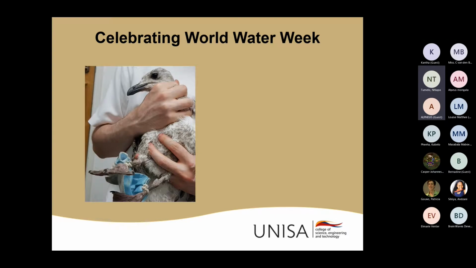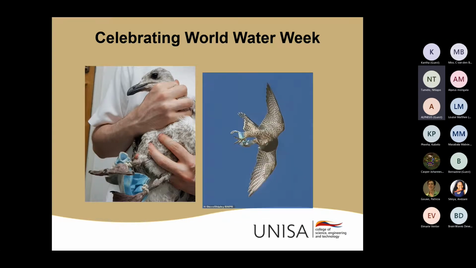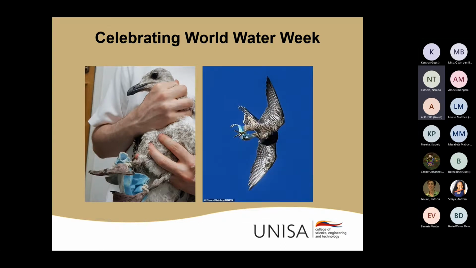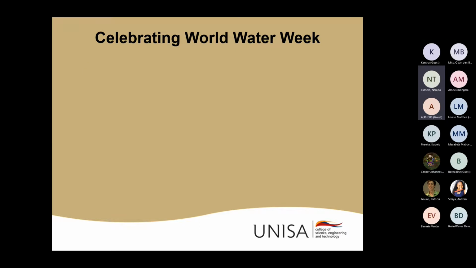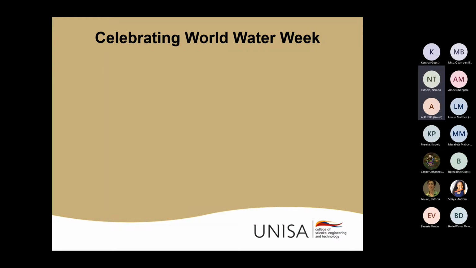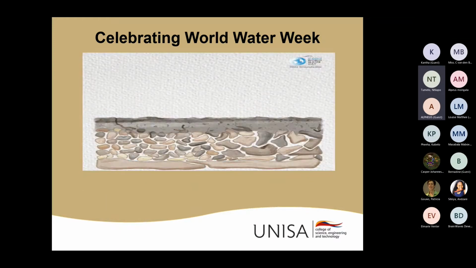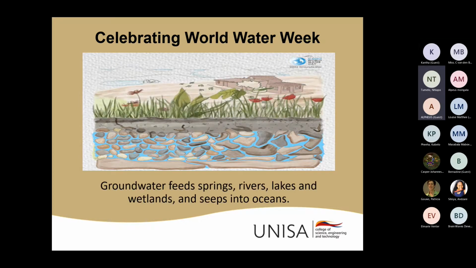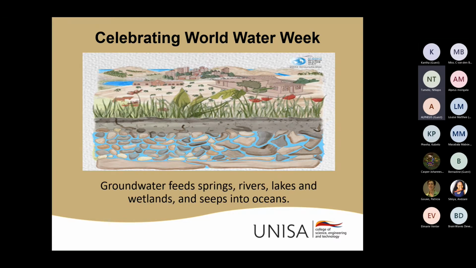Some birds even end up being caught by the masks that we threw away since we no longer use them. And this does not end with birds, it also ends with dogs as well. So it is very important for us to consider our ways in terms of pollution.